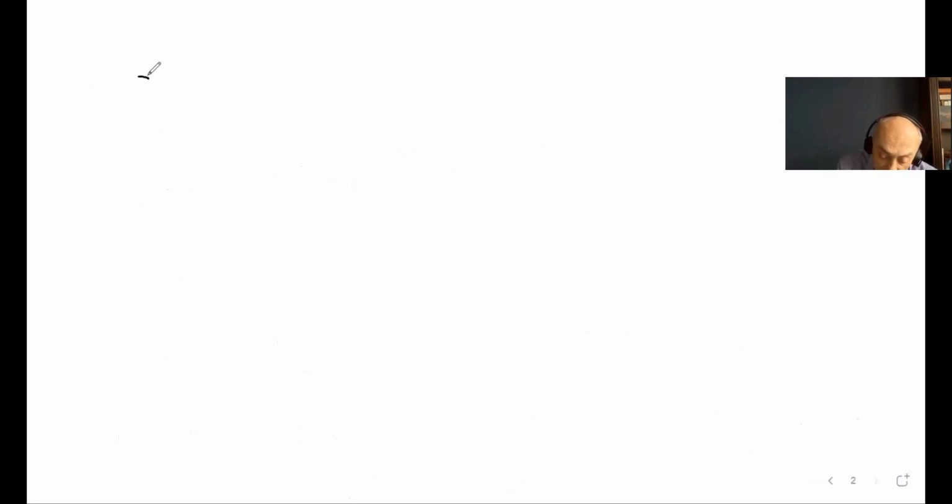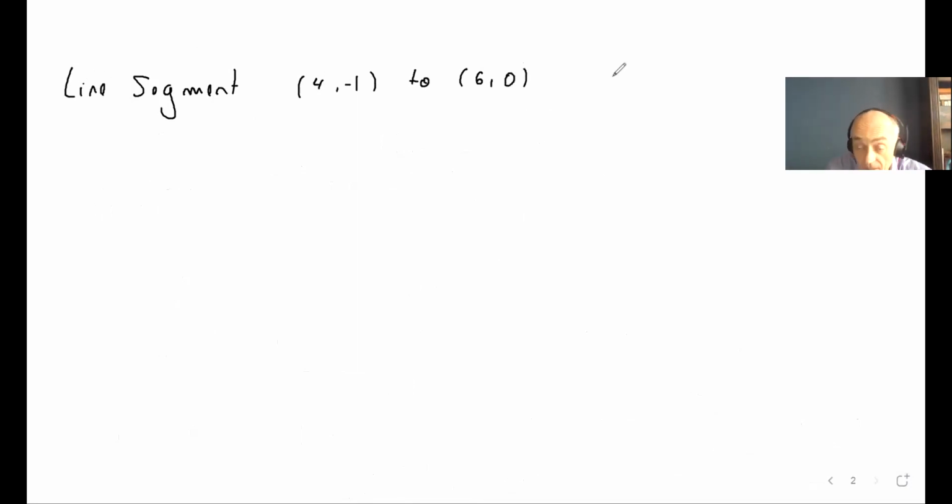So the line segment connecting (4, -1) to (6, 0), so it's part of a line, obviously, will have a similar equation. Slope will be done quickly here, so please calculate the slope for me and tell me what it is in the chat section for this particular one.